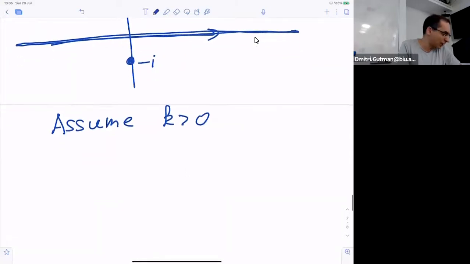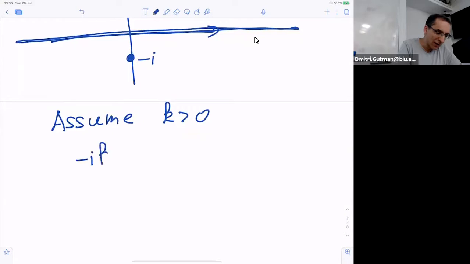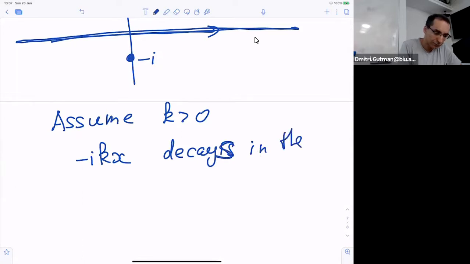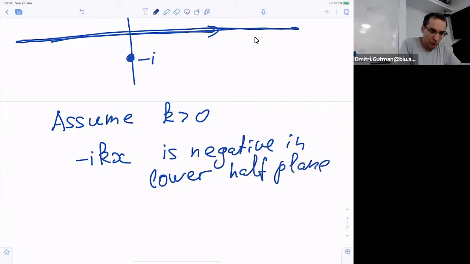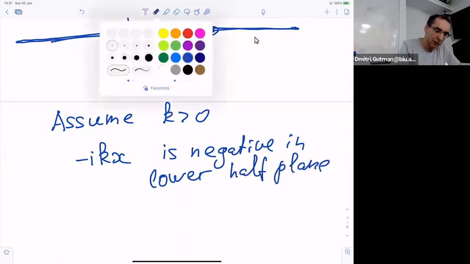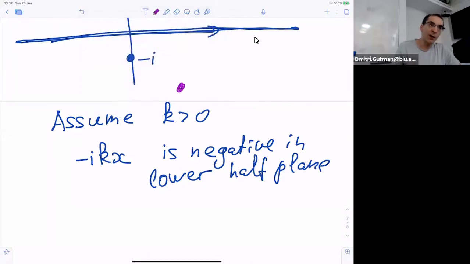So if k is real and positive, then minus ikx is negative in the lower half plane. Imagine that I take x to be somewhere here in the lower half plane.